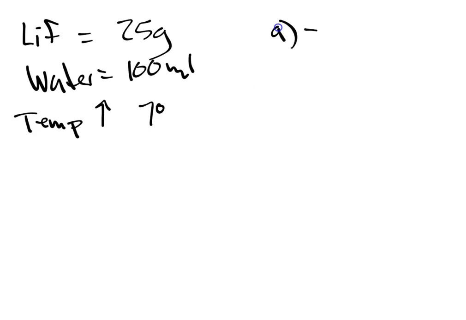So A, you're going to tell me what Q is. B, you're going to find the delta H in 7 degrees. 7. Olivia, are we good there? I just want to make sure this is 7 degrees, not 70.